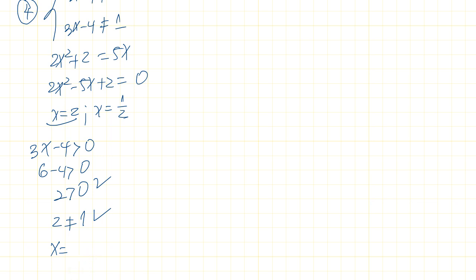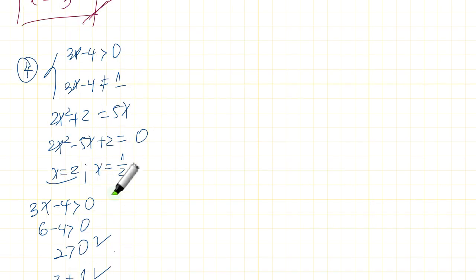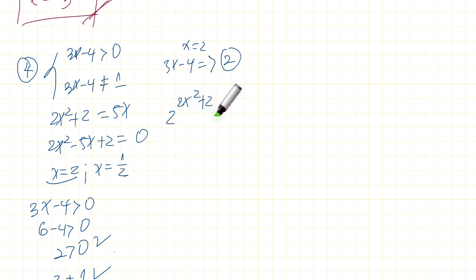So we're going to have then what? If we replace here, guys, in our equation, we have that 3x minus 4 when x is equal to 2 is going to give us 2. So we will have 2 to the power of 2x squared plus 2 equals 2 to the power of 5x.